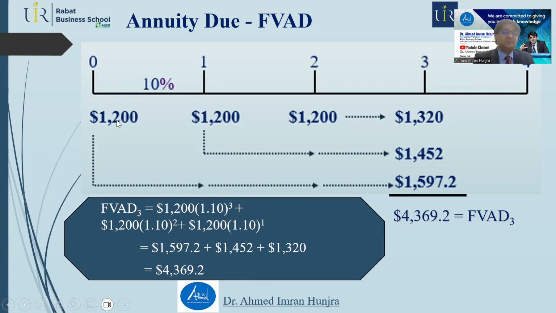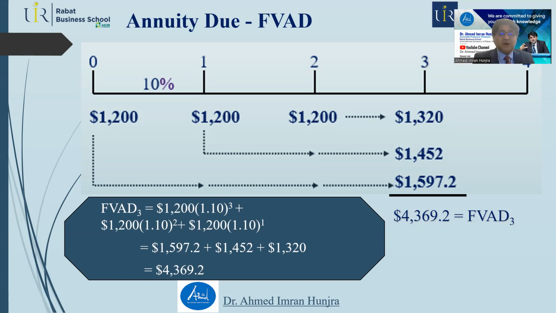So the first cash flow power will be 3, the second will be 2, the third will be 1. As I explained, the number of time periods is 3, so the last cash flow power will be 1.